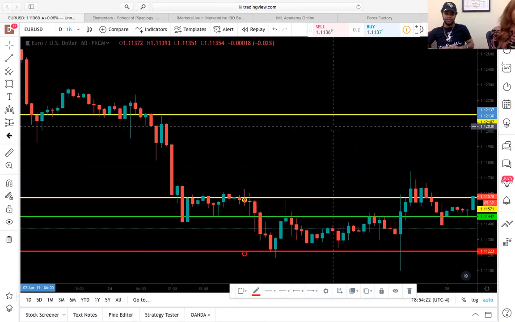Patience. Be consistent. Mark up your charts. Support and resistance is key in naked trading. We're going straight off price action. We're looking at the candlesticks, we're looking at the market patterns, because like I said, the price is going to repeat itself. Whatever it did in the past, it's going to happen again. So you want to study your pair. You want to know what it's doing.